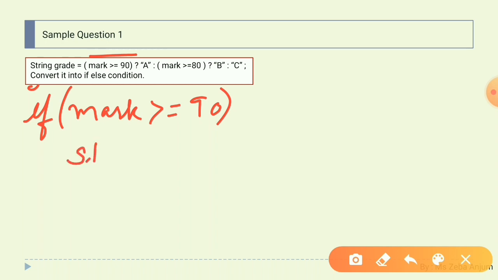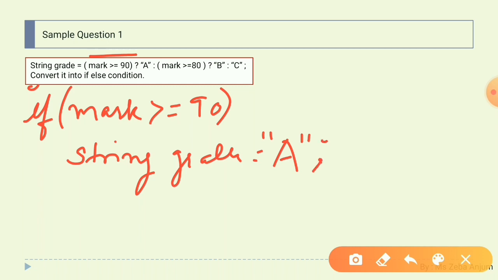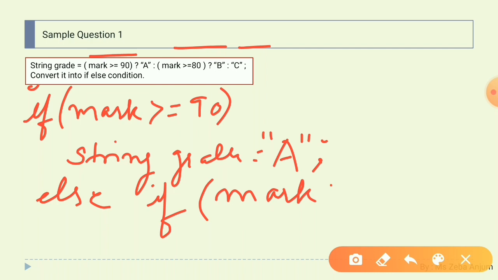So for the true condition you will be writing string grade equals to capital A, and after that else should be there. So this else is again divided into if and else condition. So over here we can write else if, like this only, and over here we are going to write marks greater than equals to 80.